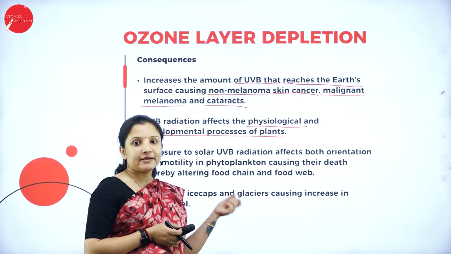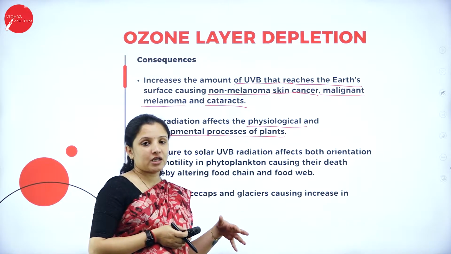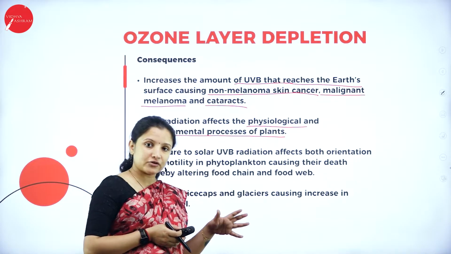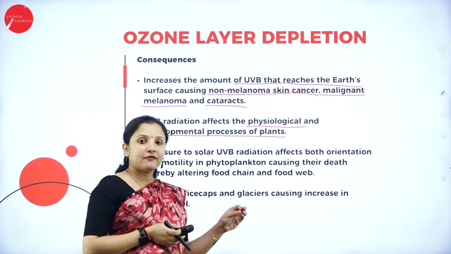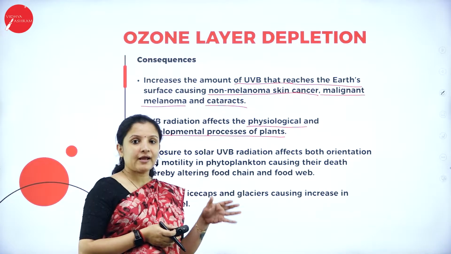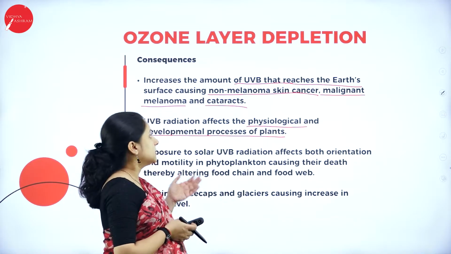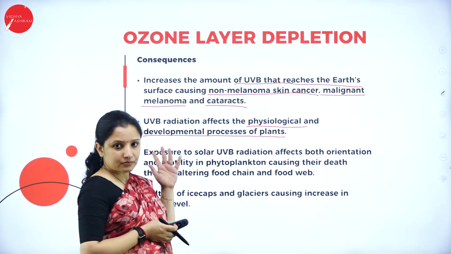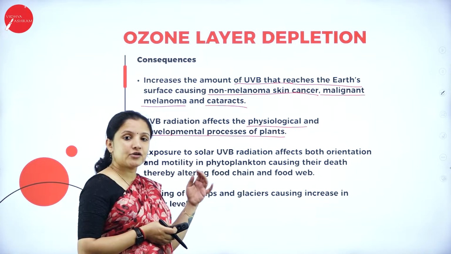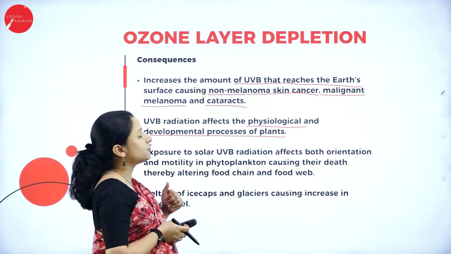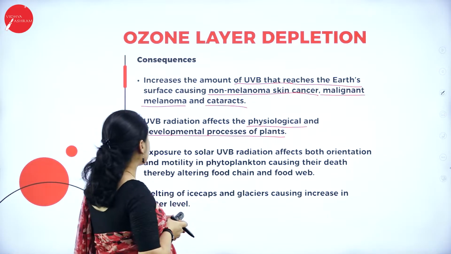Now if those plants absorb this UV radiation, it will alter the complete biochemical and physiological process of the plant, therefore retarding the growth of the plant or completely eliminating the plant from the earth itself. So that is also one of the major consequences of the entry of UVB radiation into the Earth's atmosphere.